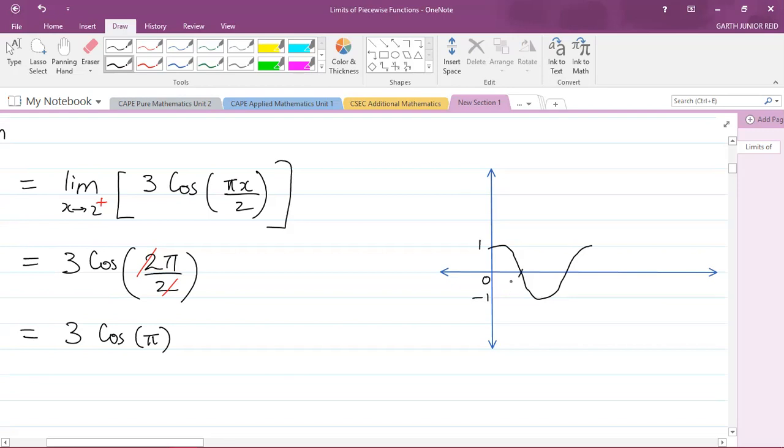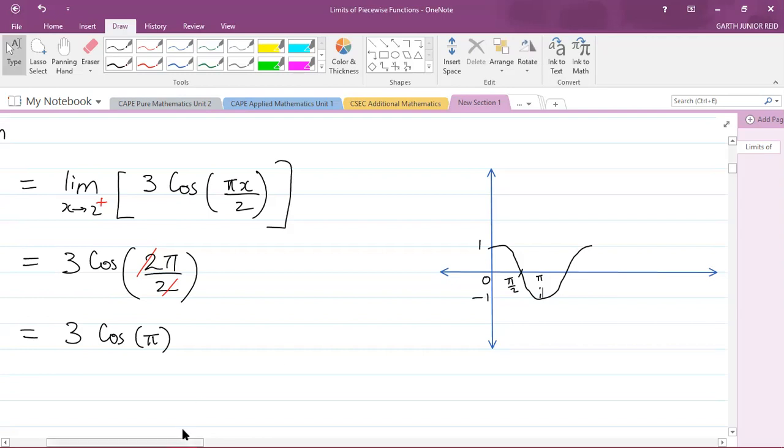Right there is going to be my angle pi/2 radians or 90 degrees. And here now is going to be my angle theta equals pi. So at pi, the cosine graph is -1.